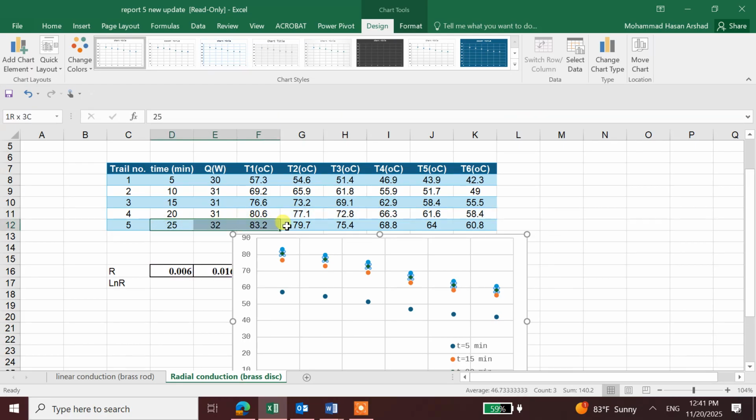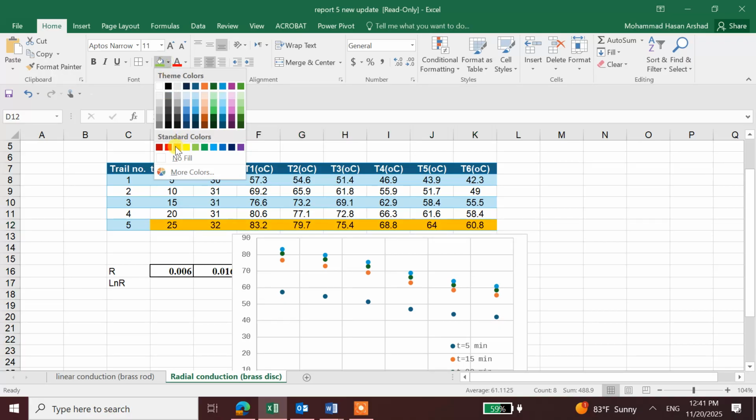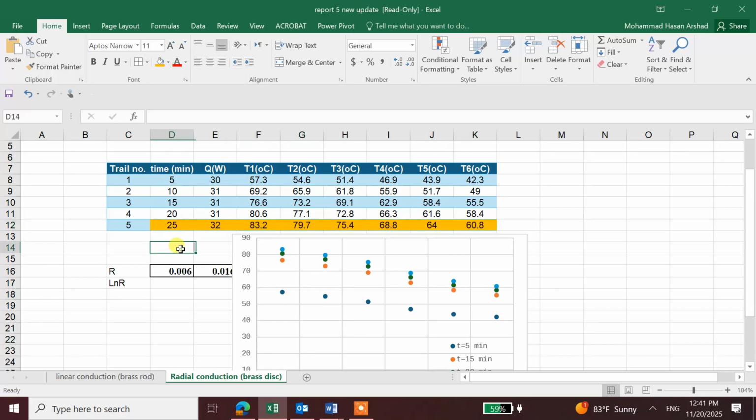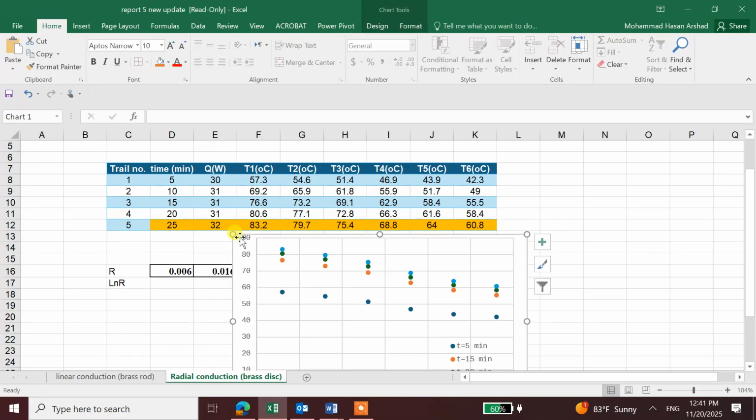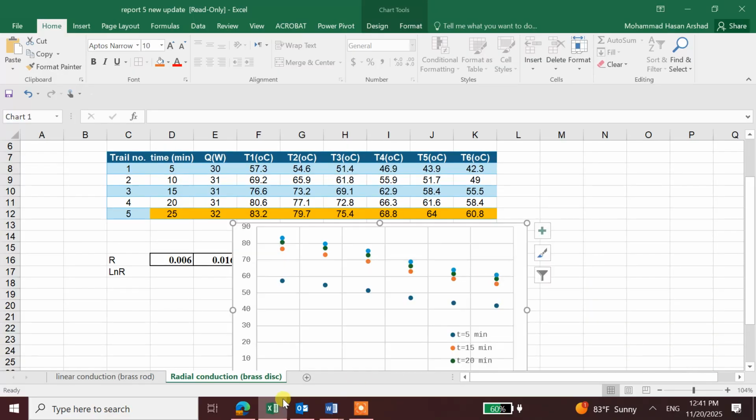So we'll use this data point for the steady state. This is the last one, is the steady state. Okay, this is just to discuss how steady state is being formed.